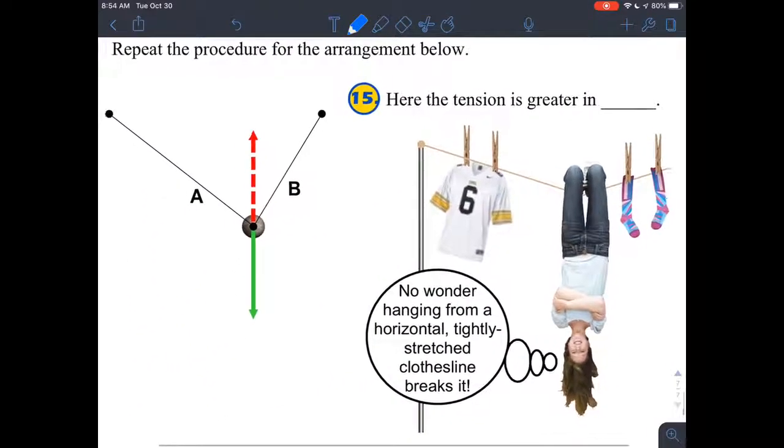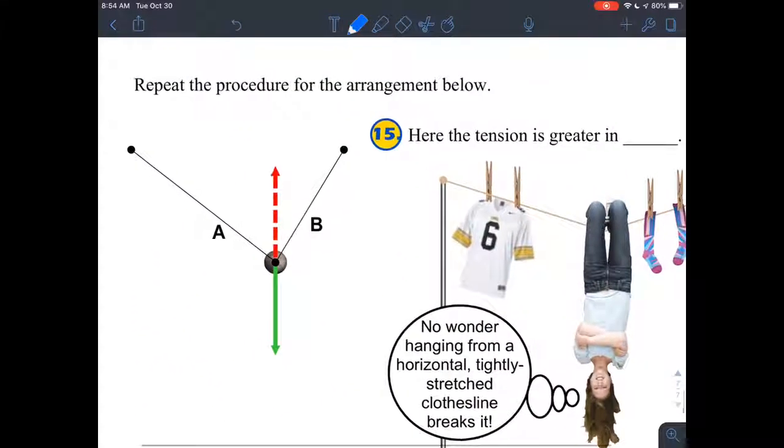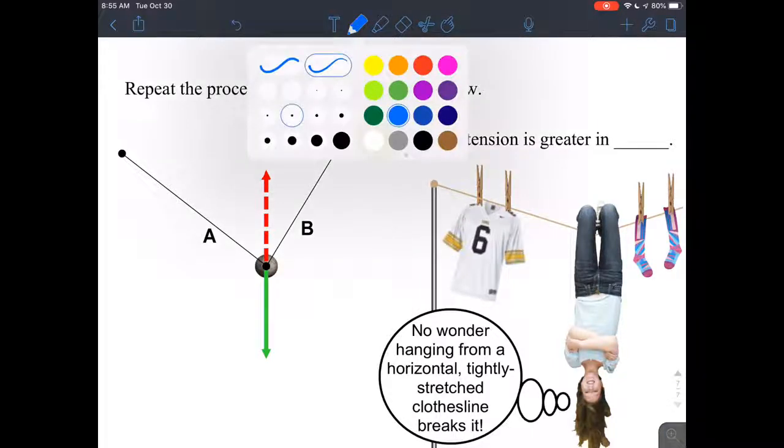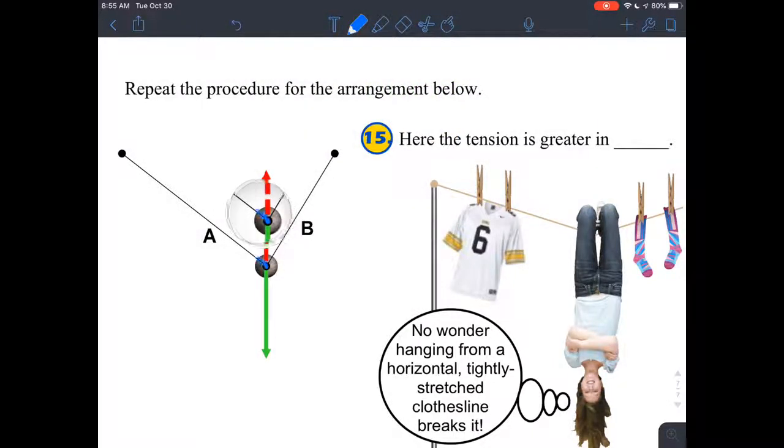Okay, so now in this example here, we're supposed to do the same thing. We're supposed to figure out which vector has more tension in it. Again, A and B, those black lines there, only tell us the direction, not the length. So what you've got to imagine here is that A goes along, I'm going to do A in blue, A goes along this line till it gets to the edge of the red vector.